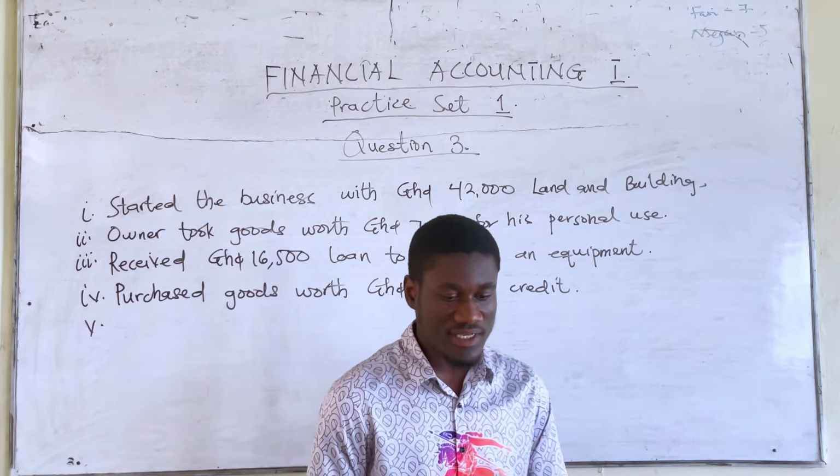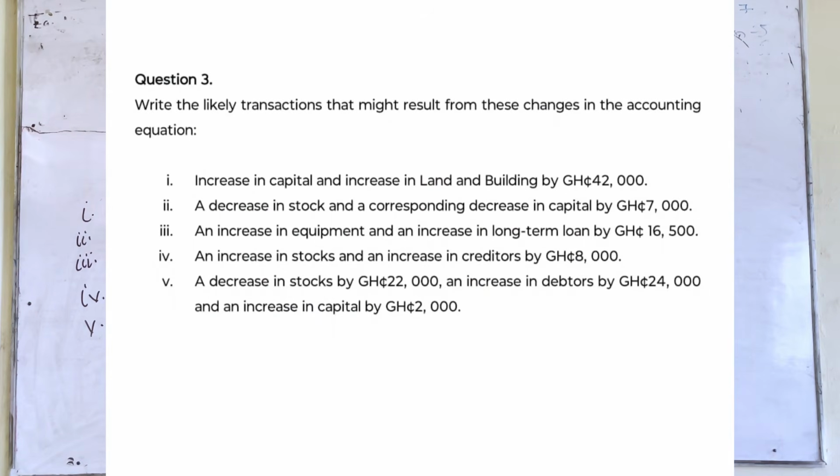Now with V, it says a decrease in stocks by 22,000 Ghana cedis, an increase in debtors by 24,000 Ghana cedis, and an increase in capital by 2,000 Ghana cedis. So the goods were costing 22,000, the debtors increased to 24,000, and the capital increased by 2,000.